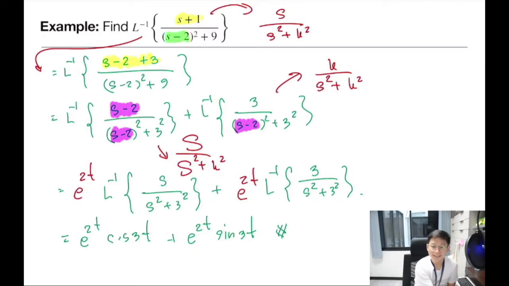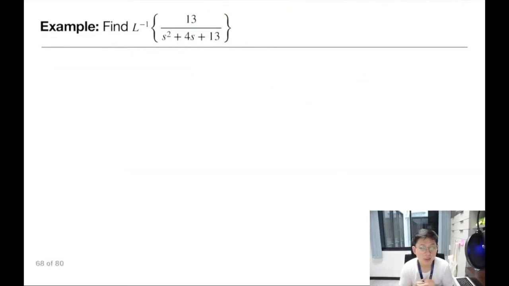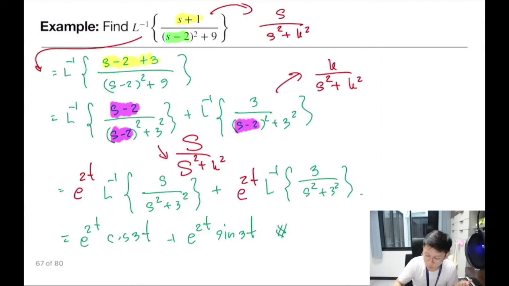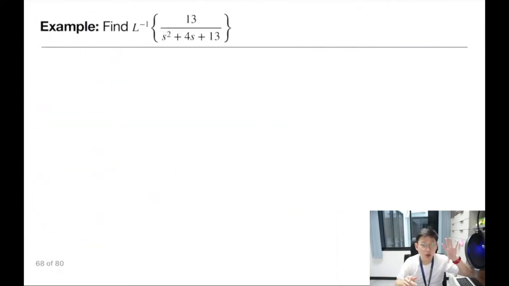Very simple. Next example, this one. It's not clear how s is shifted. It's not like the previous one where you already have s minus 2 squared, and you know that s is shifted to s minus 2. But this one is not very clear. So the technique that you need to use is the perfect square. You need to change s squared plus 4s plus 13.